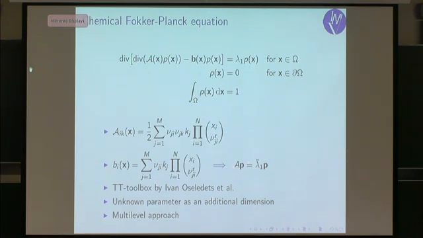I can work with these vectors in the same way as before. Another little technical complication is that I don't have just a linear system. I have an eigenvalue problem, so I have to solve it somehow, but it can be done. And that's it. So we are able to solve the chemical Fokker-Planck equation in higher dimension.